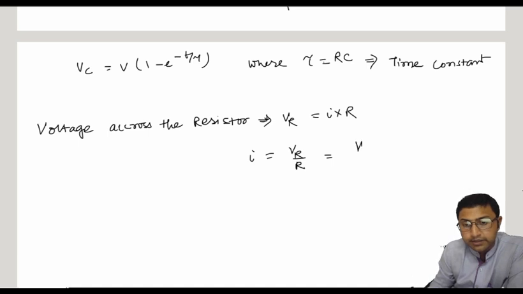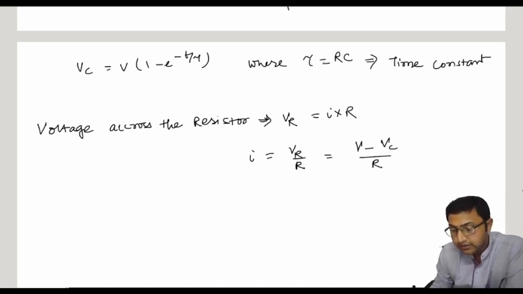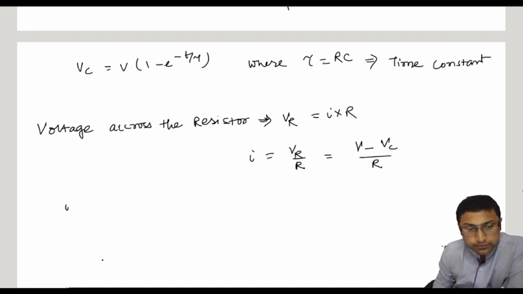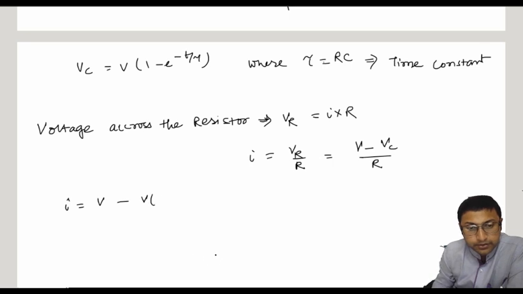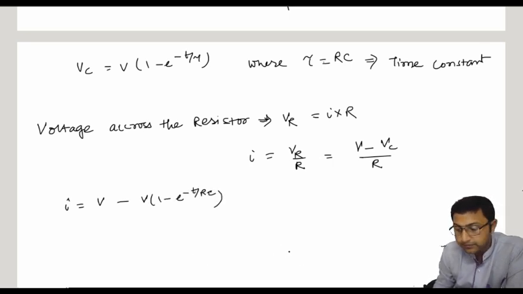It is basically simply the difference between V and Vc. So V minus Vc by R. Okay, so now I will be, V is written as V, and Vc we have already proved the value of Vc. Vc is V into 1 minus e to the power minus t by R into C, right?